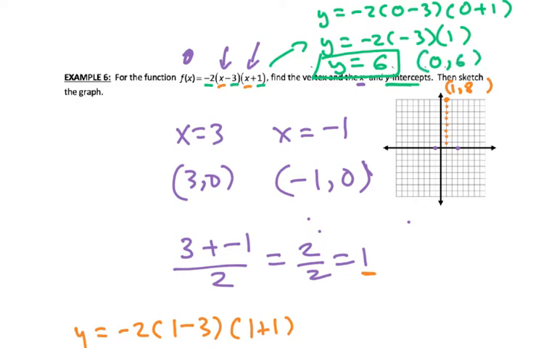So let's see here, where's (0, 6)? 1, 2, 3, 4, 5, 6. It makes sense for it to do that, right? Looks pretty good. And there you go, this is the y-intercept. And there's our answer. So hopefully that makes sense.